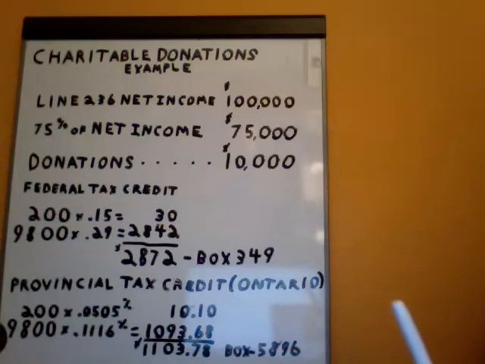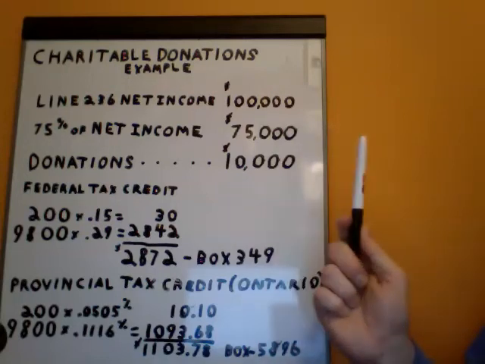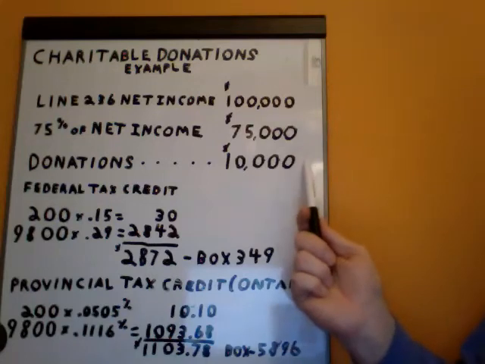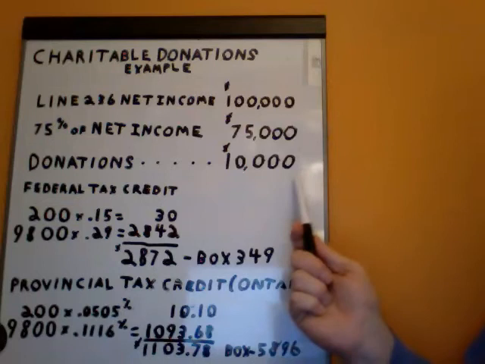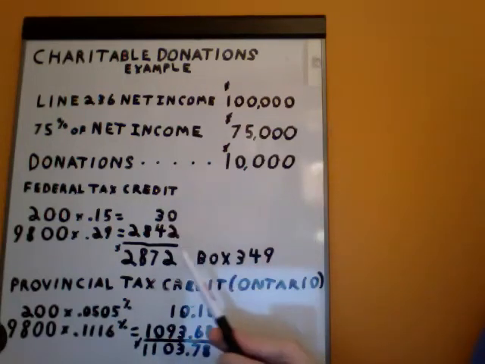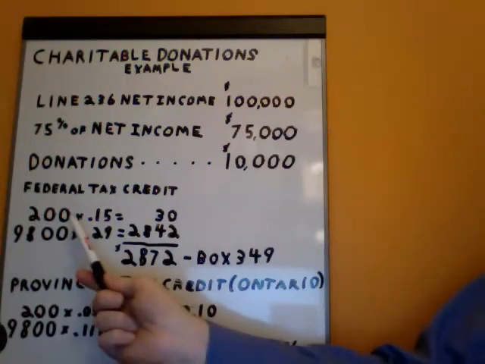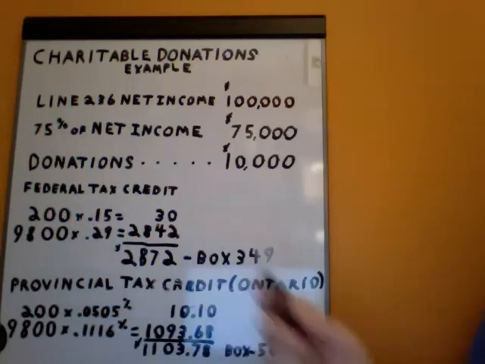I have made, say in this example, $10,000 of donations to a registered charity. So it's definitely under my limit, so I can put the entire $10,000 towards my charitable donations and gifts non-refundable tax credit. So how do we calculate the tax credit? The first $200 is multiplied by the federal rate of 15%, which equals $30.